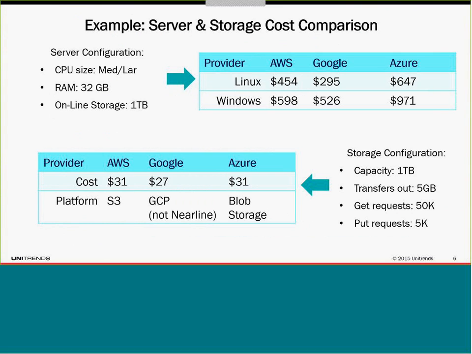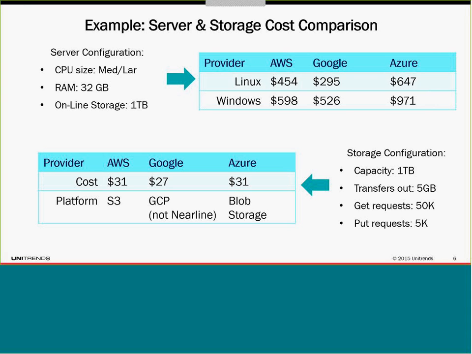So when you begin to compare these costs at a high level and compare vendors, here are a couple of examples in the next two slides, just to give you a high-level view of how costs could be compared across the major public cloud vendors: AWS, Google, and Azure.